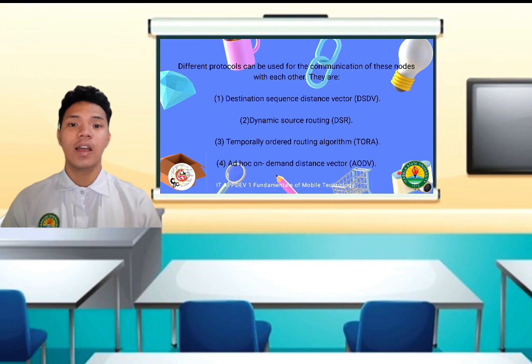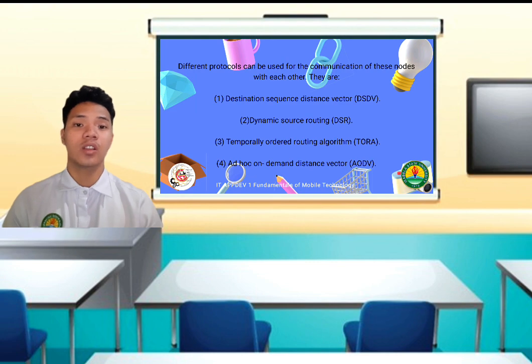And the last one is Ad Hoc On-Demand Distance Vector or AODV. It's also a reactive routing protocol where nodes maintain routes to destinations only when needed. It uses route request and route reply messages to discover and maintain routes in the network dynamically. For example, in a scenario where a group of vehicles forms an ad hoc network for inter-vehicle communication on a highway, AODV can be used.